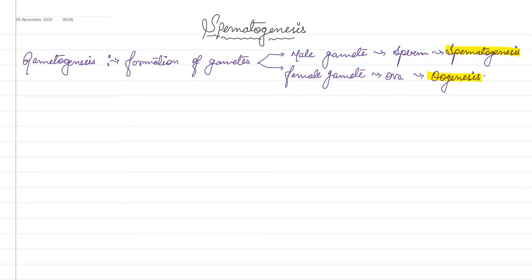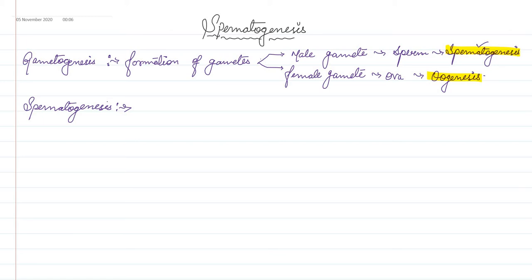In oogenesis, ova is produced, and in spermatogenesis, a mature spermatozoa is produced. So we are going to study about spermatogenesis.